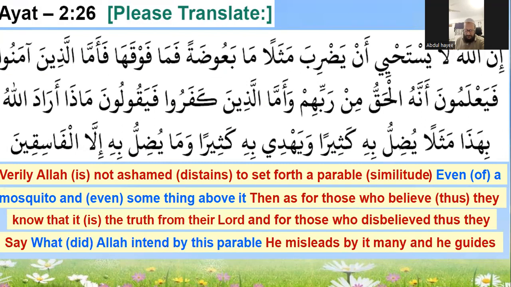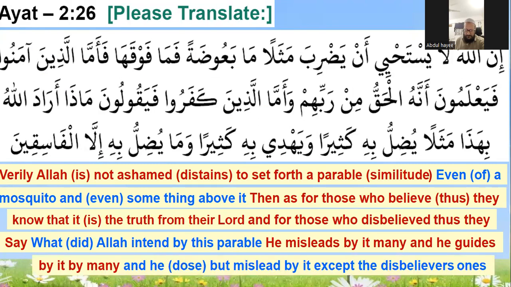And for those who disbelieved, thus they say, what did Allah intend by this parable? He misleads by it many, and he guides by it many, and he does but mislead by it except the disbelievers.